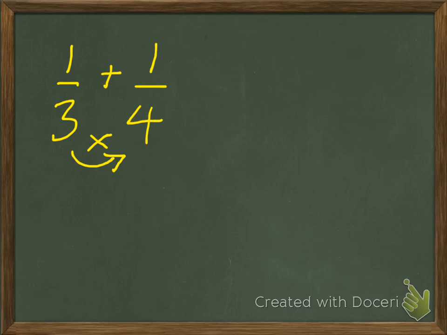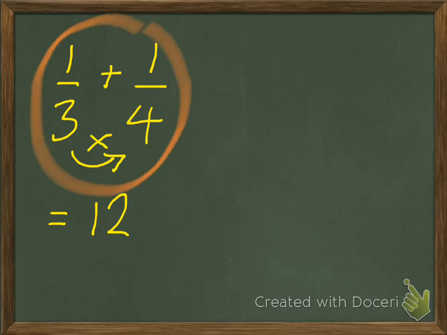So in this case we end up with 12. We now make equivalent fractions of this equation, and it should mean that we can add like fraction to like fraction. So here's the example of how that works.